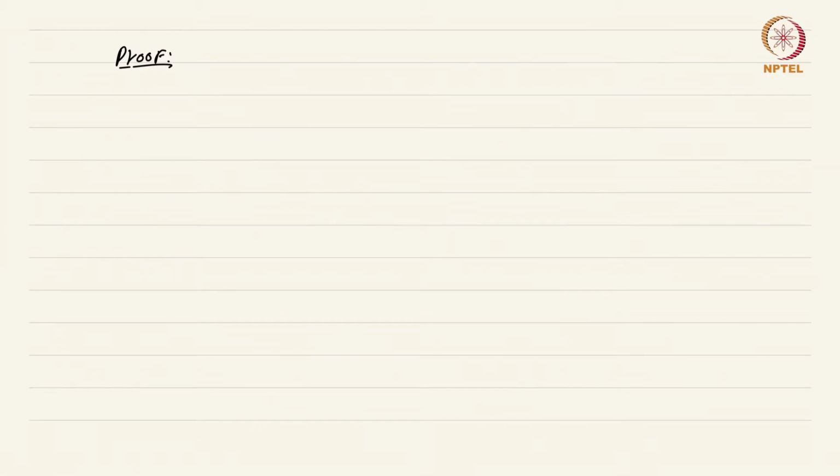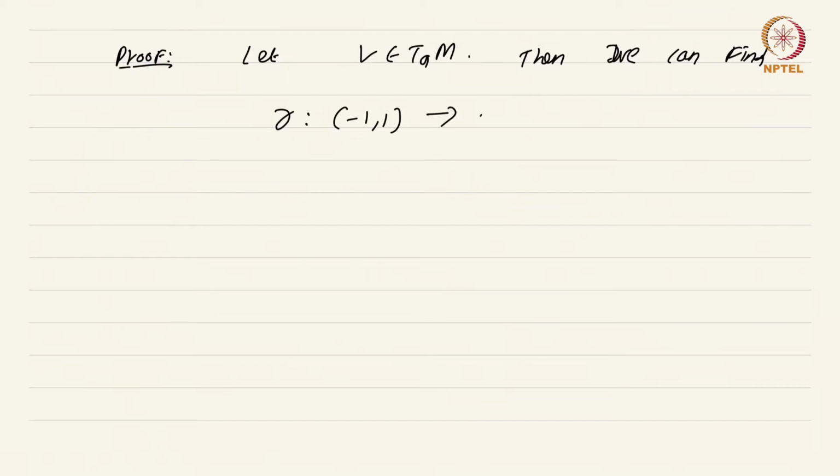Let V be a point in the tangent space of M. Then those exercises would have told you that we can find a curve gamma from -1,1 to M, with gamma of 0 equal to A and gamma prime of 0 equal to V. Essentially this says that the velocity vectors of curves exhaust the tangent space at A of the manifold M. So for any tangent vector V, you can always find a curve whose velocity vector at 0 is exactly this vector.